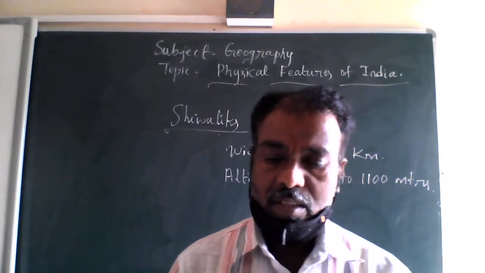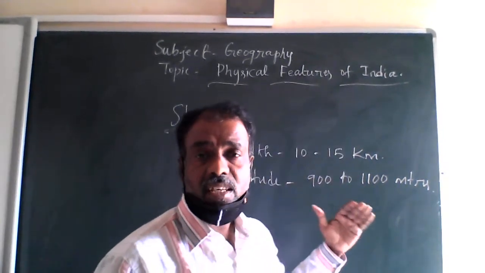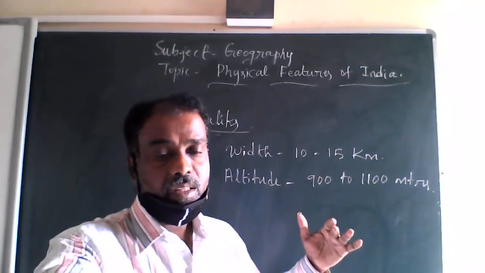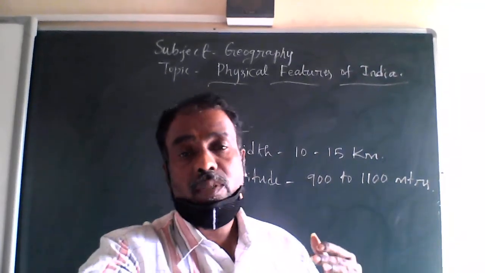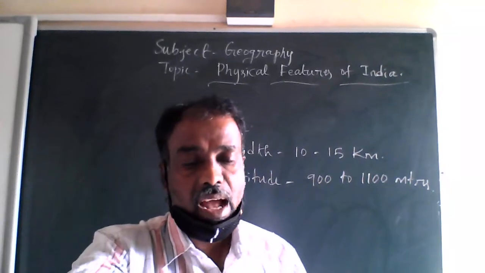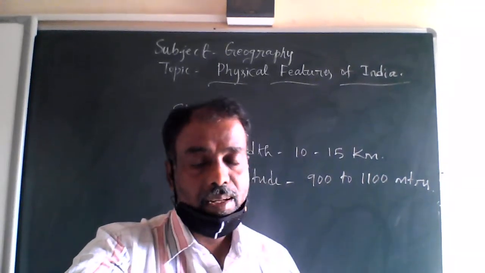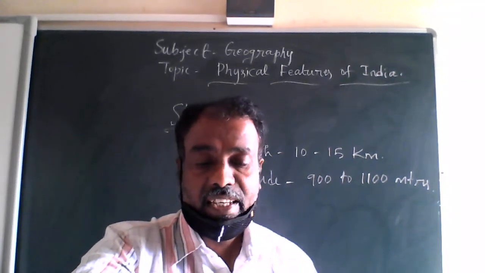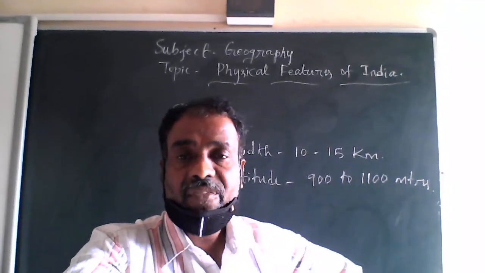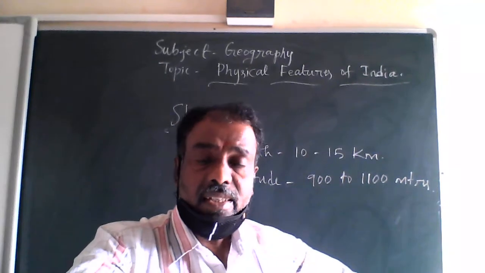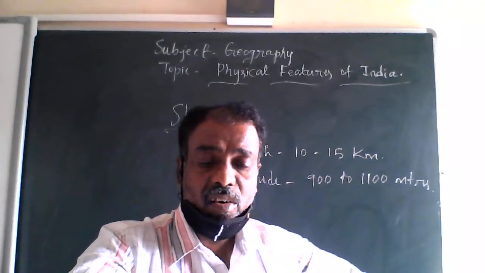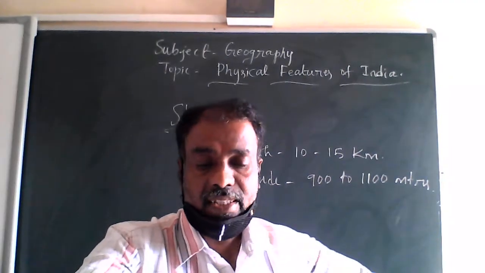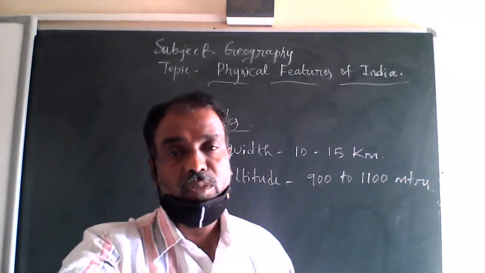Getting this, students? The height of the Shivalik ranges varies from 900 to 1100 meters, and the width of this Shivalik range is 10 to 50 kilometers. These ranges are composed of unconsolidated sediments, so please keep it in your mind.